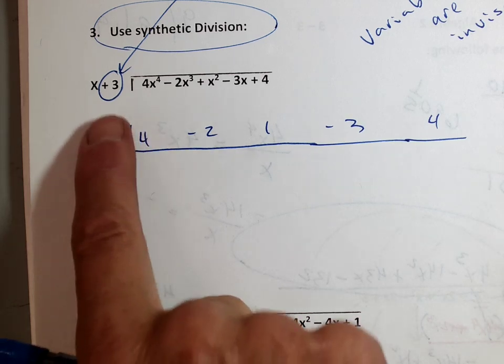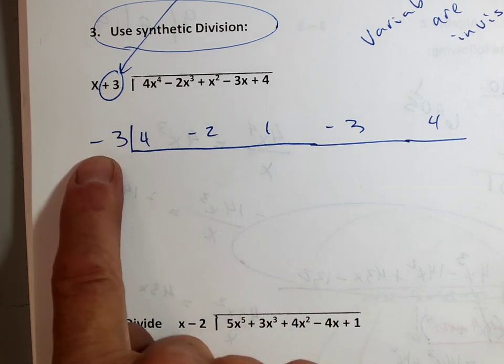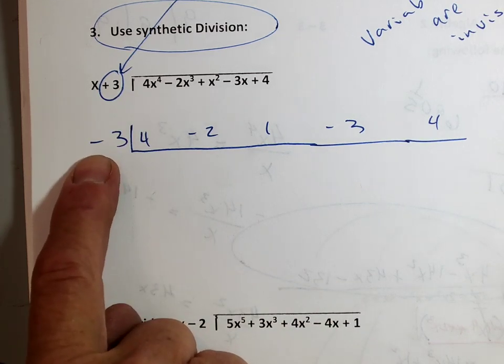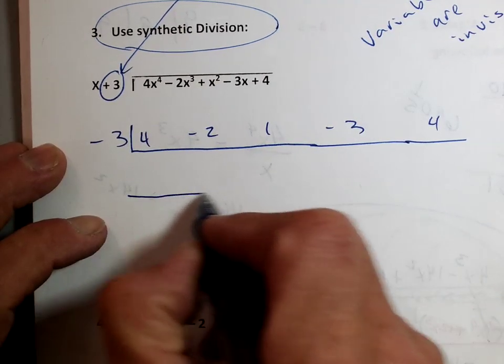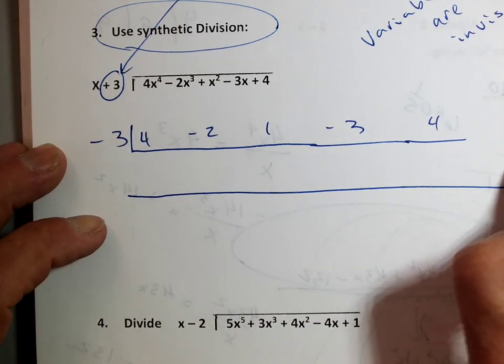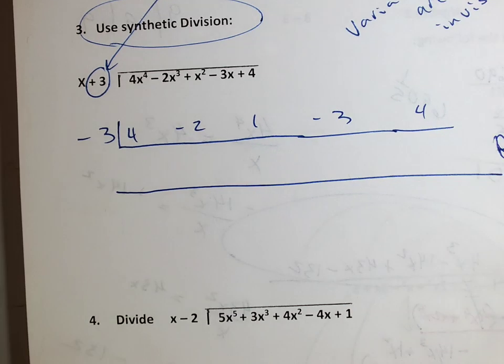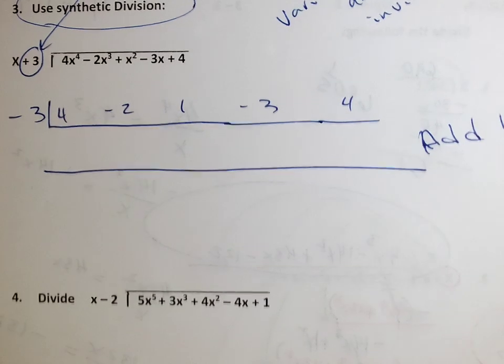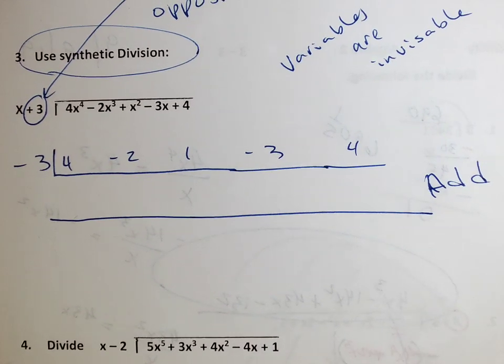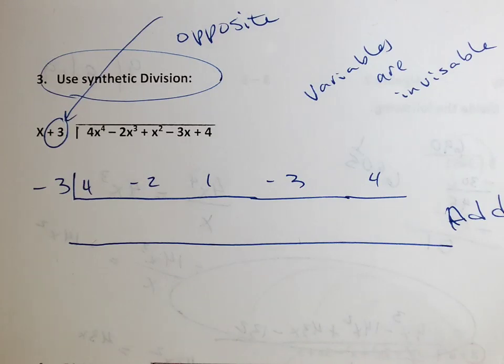When I change this +3 to a -3, we've already made it a subtraction problem. So we're going to add our negative. Now, put a line right there. That's what I call my add line.